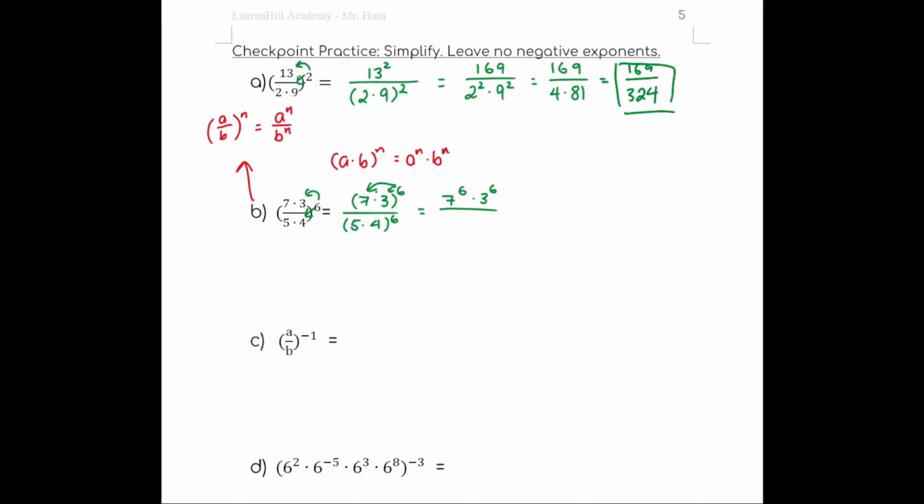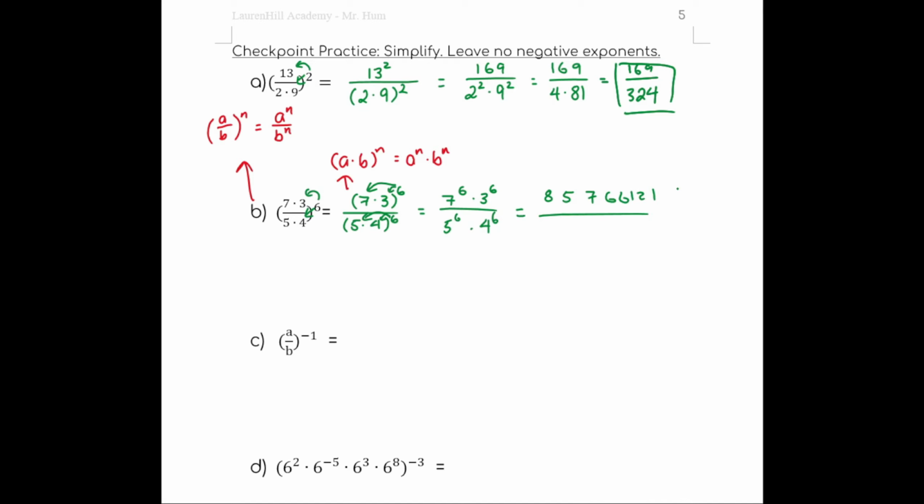So we distribute that 6 again. It's this rule that we used before, this rule here. So we get 5 to the 6 times 4 to the 6. And at this point, you could plug that into your calculator. 7 to the 6 times 3 to the 6 is going to be equal to 857666121.